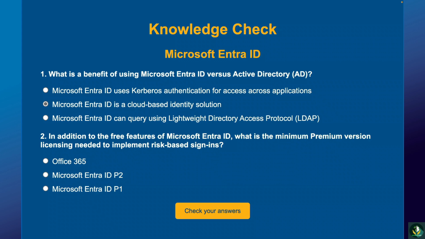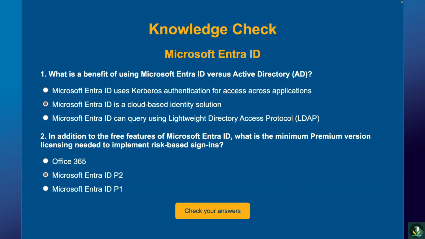And the correct answer is Microsoft Entra ID P2. It includes Microsoft Entra ID Protection, which provides risk-based conditional access. And it also offers advanced security features like risk-based sign-ins.